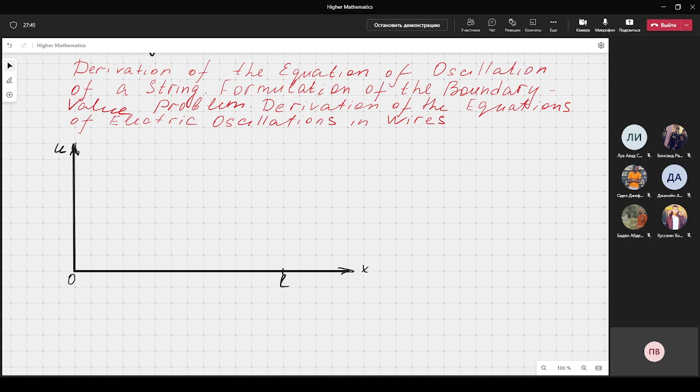We say that the string is set into oscillation.